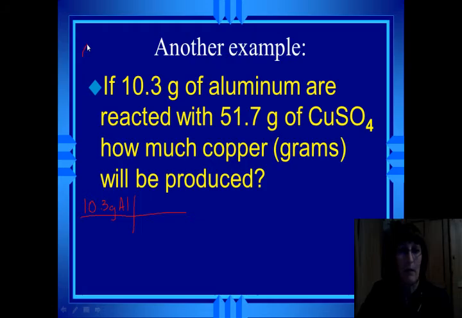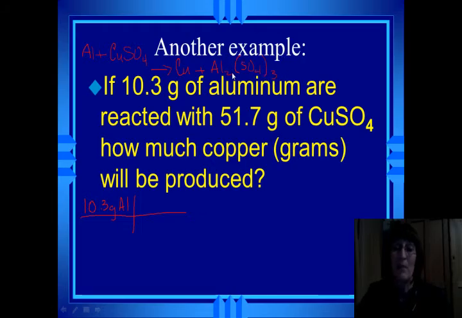So I have aluminum plus CuSO4 yields copper plus Al2(SO4)3.